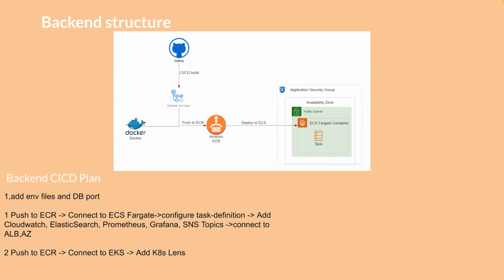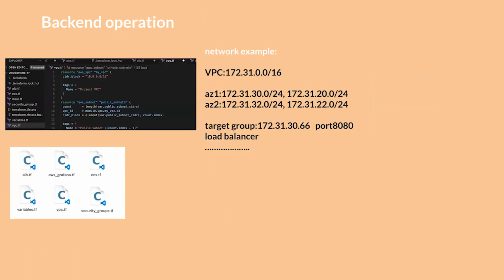This is our proposal, and we have already achieved DevOps with GitHub Actions and Terraform. Next, we use Terraform to build the AWS backend infrastructure, including VPC, ECS cluster, ECS service, ECR repository, and Grafana.